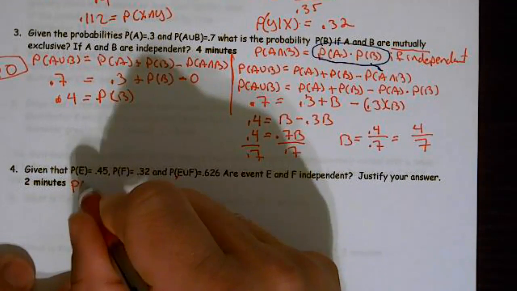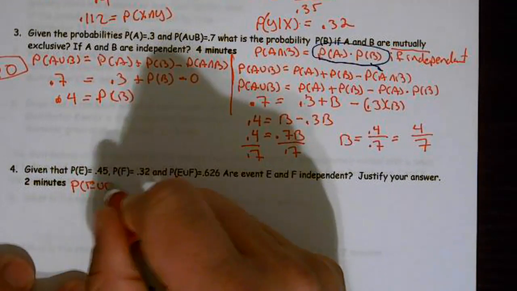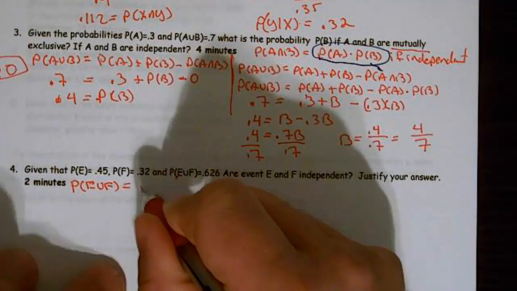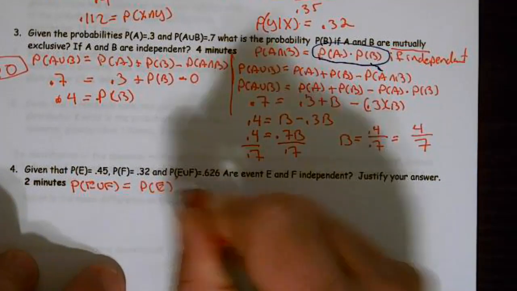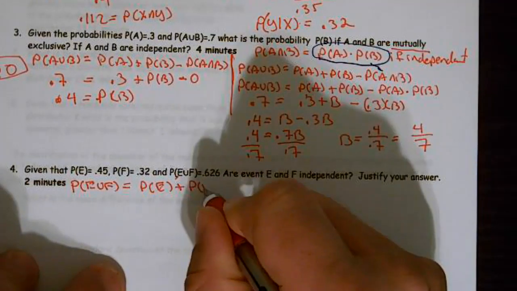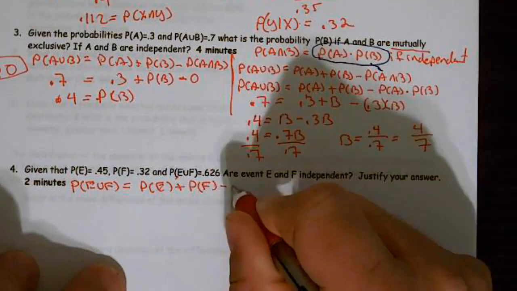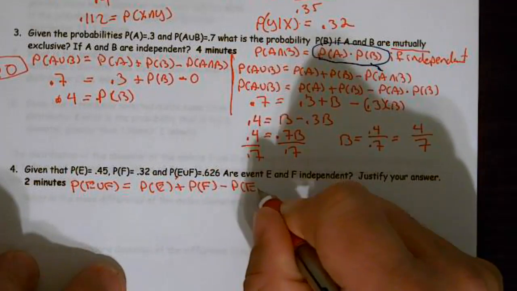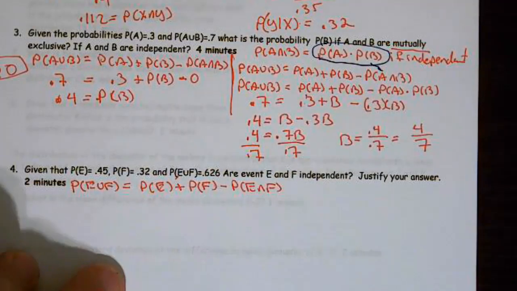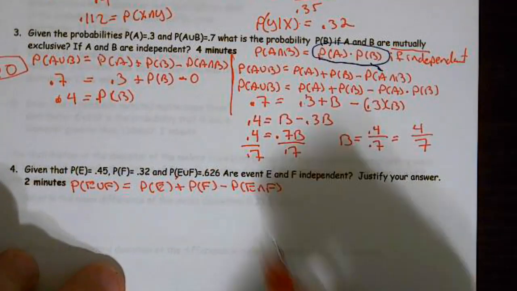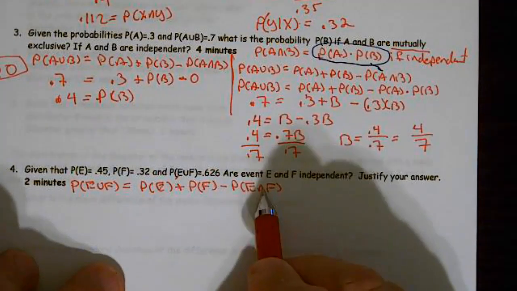The probability of E union F equals the probability of E plus the probability of F minus the probability of E and F. But we're checking for independence, and I don't know what this is. They didn't tell me this. So I need to figure out what that is.